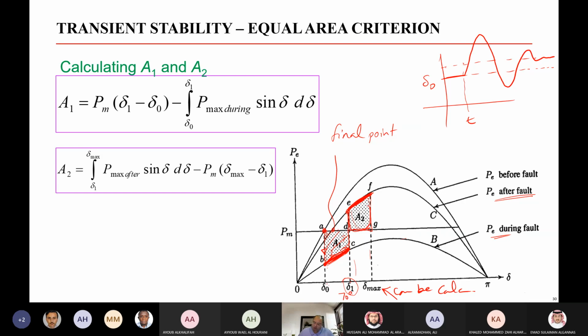Assume that we need to know the critical clearing time or critical clearing angle. So what do you think? Will delta max be known or unknown if we are targeting the critical clearing angle or critical clearing time?